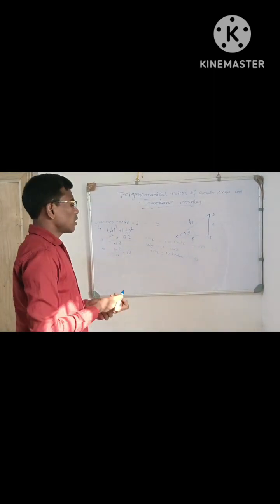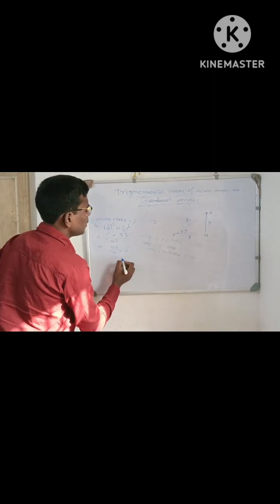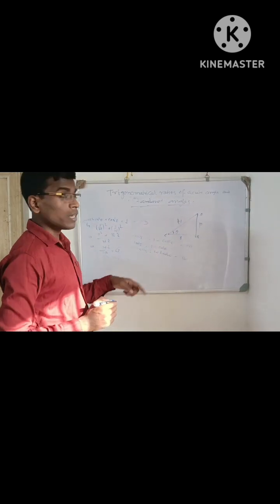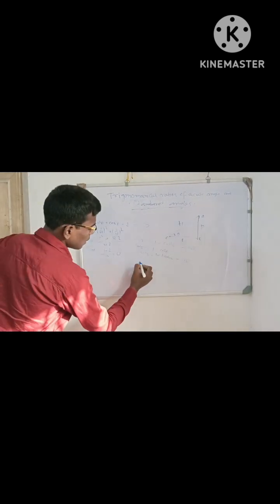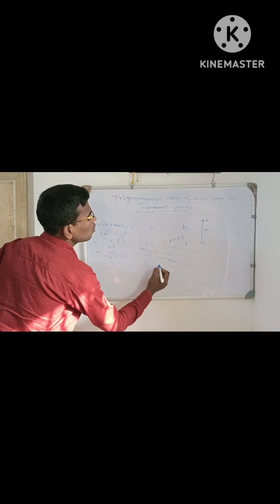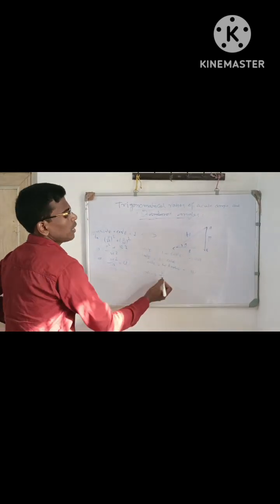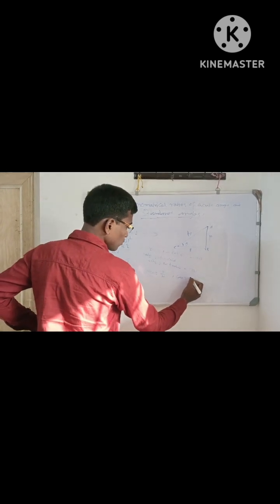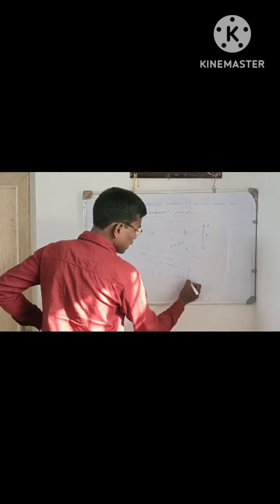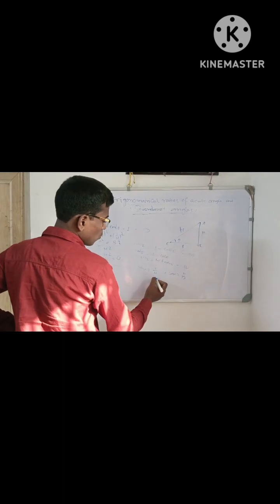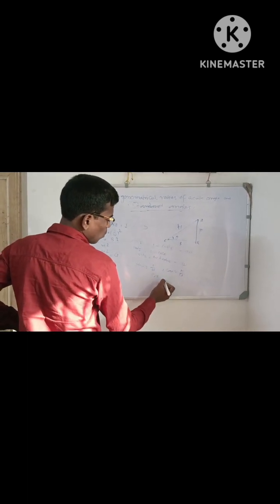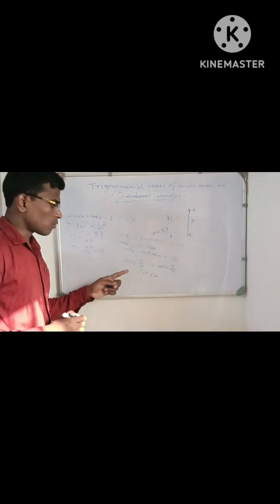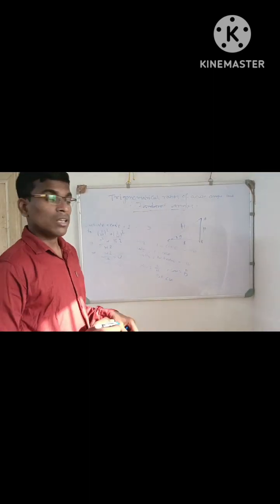Now we will know the limits of the values of the trigonometrical ratios. Sin theta equals perpendicular by hypotenuse, and similarly cos theta equals base by hypotenuse. As we know, the perpendicular or base is always less than the hypotenuse. That's why the values of sin theta and cos theta should not be more than 1.